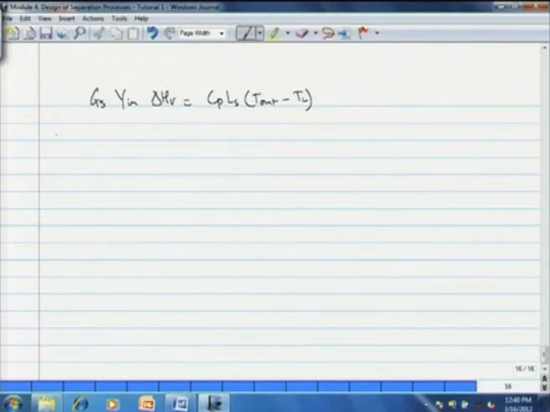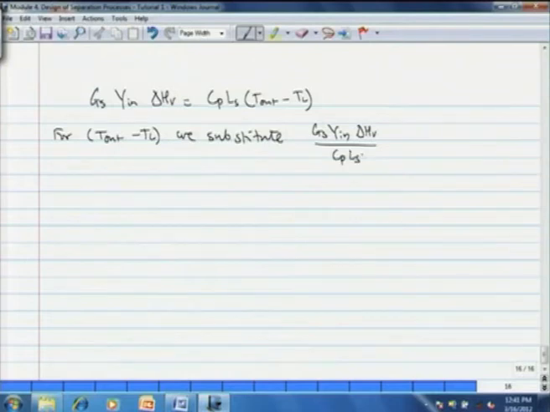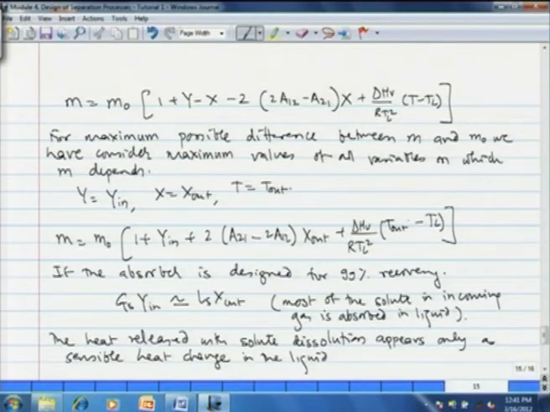And then for T out minus TL, we substitute Gs into Y in into delta HV by Cp into Ls, and for X out we substitute this Gs into Y in by Ls.